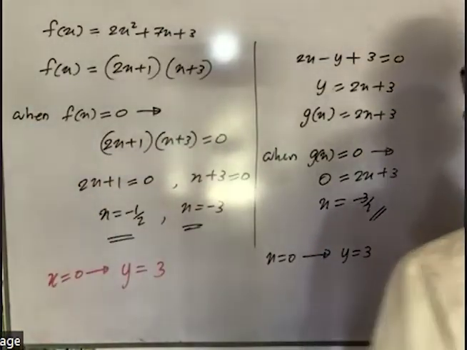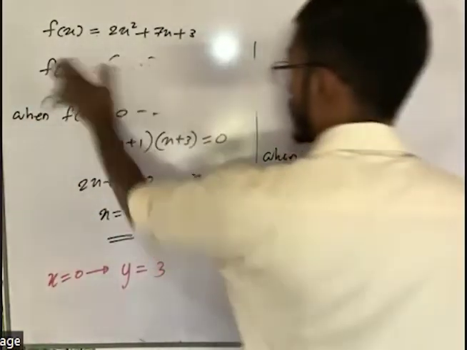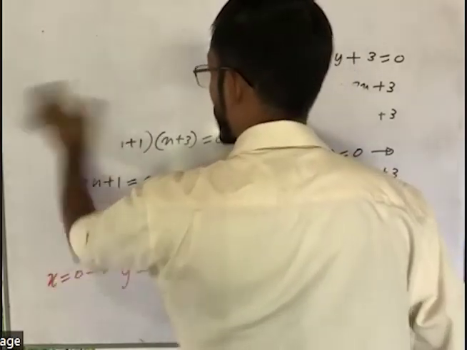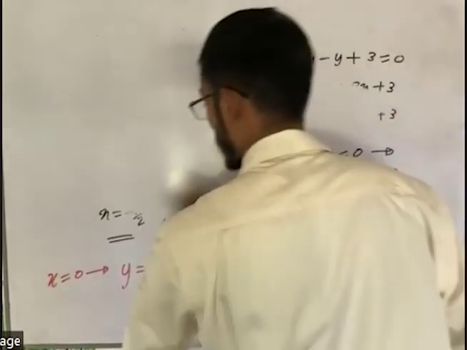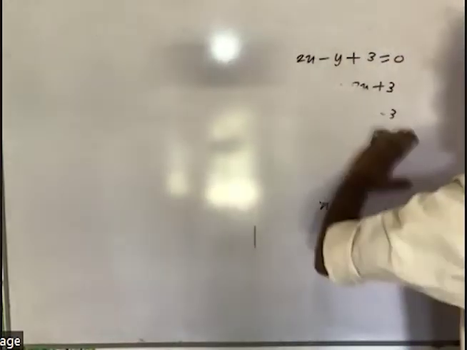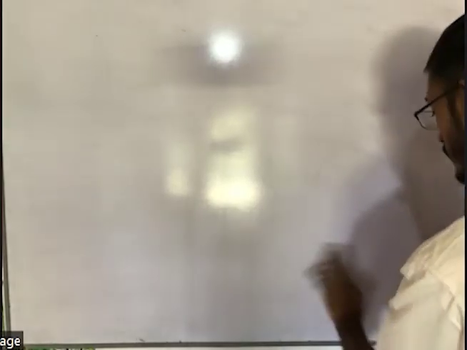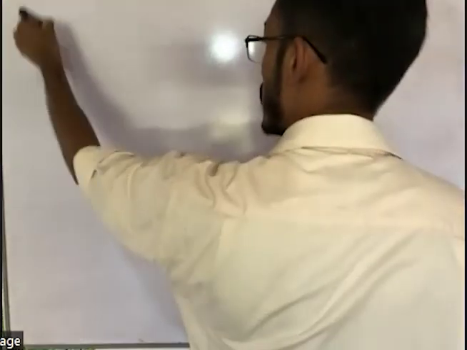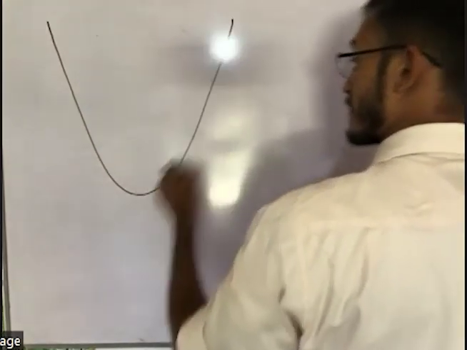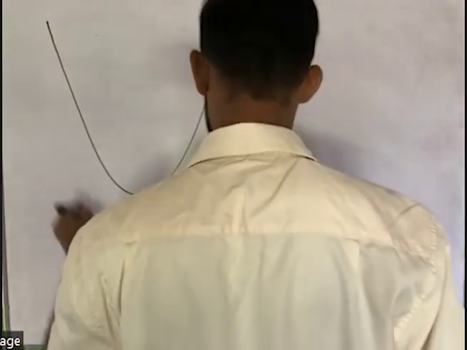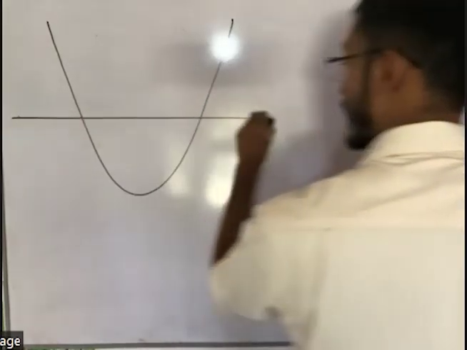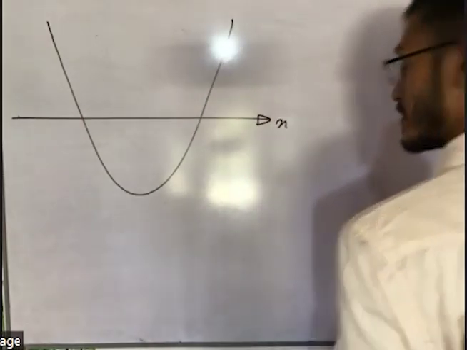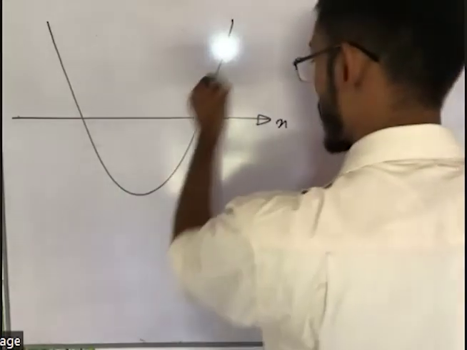Now we can draw the two graphs. Now look at this. This is the function we are going to analyze. So this is the x-axis. Next, the straight line I am going to draw.